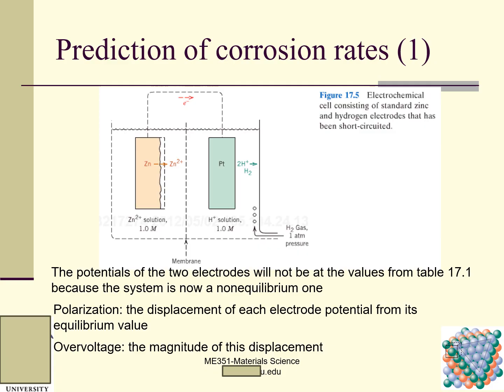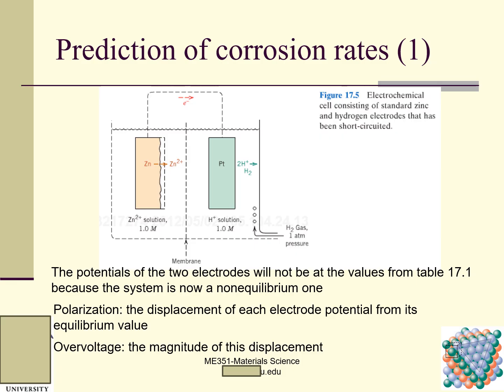As a result, when we connect these two together, Zn will give up electrons, and these free electrons will be transmitted from zinc to this Pt electrode. In the Pt electrode, the free electrons will be given to the hydrogen ions, and they will become hydrogen atoms.